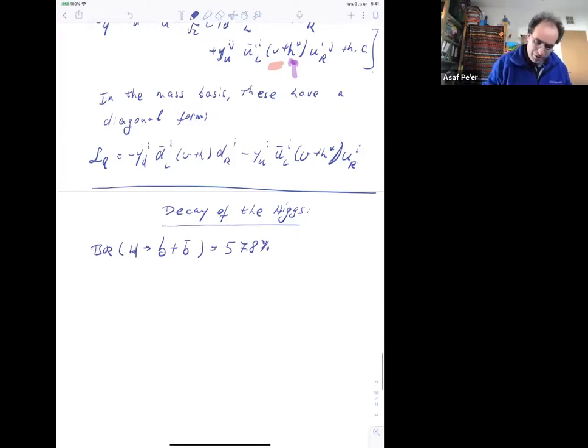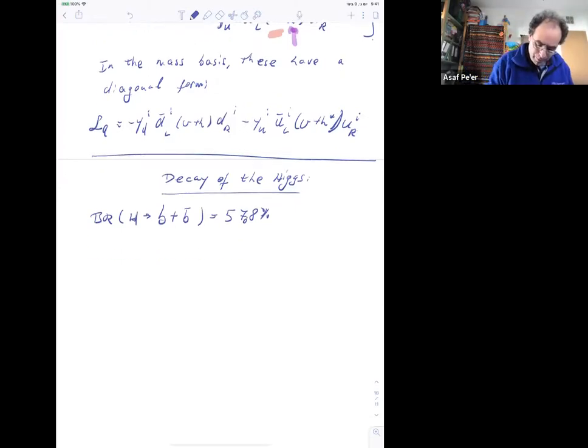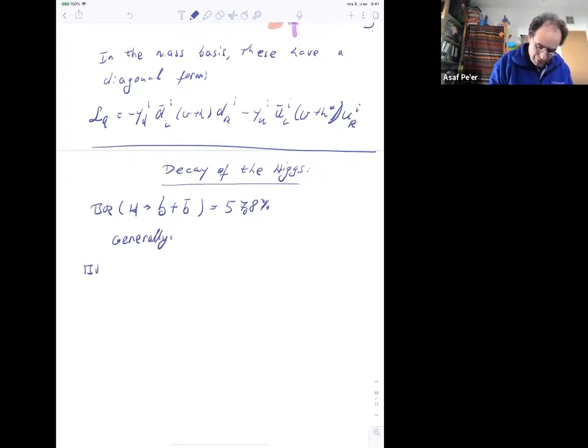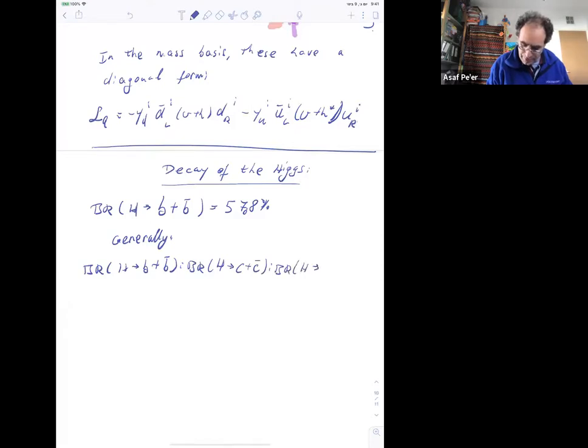The branching ratios just generally, right? The branching ratio of the Higgs decay into b plus b bar, to the branching ratio of the Higgs decay into c c bar, to the branching ratio of the Higgs decay into tau plus tau minus, right?